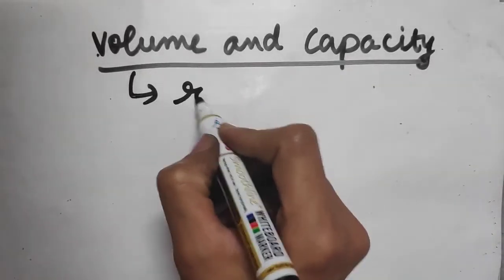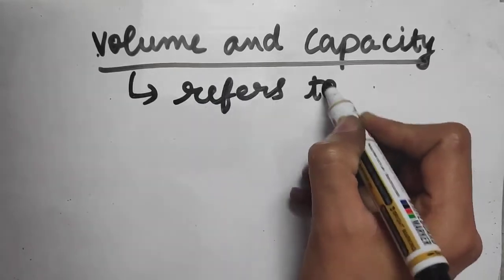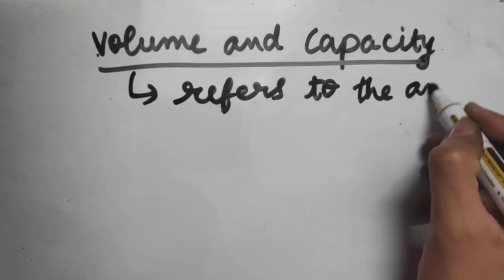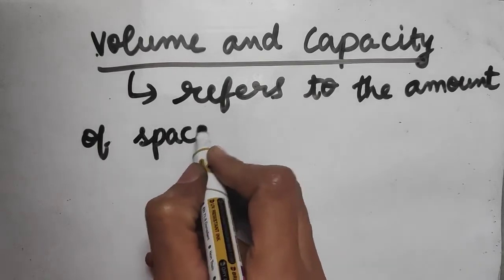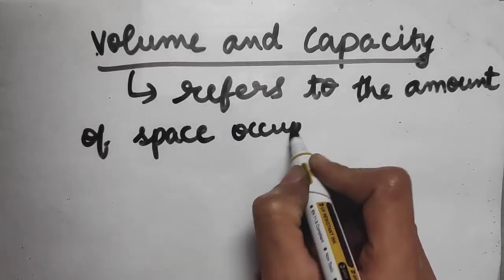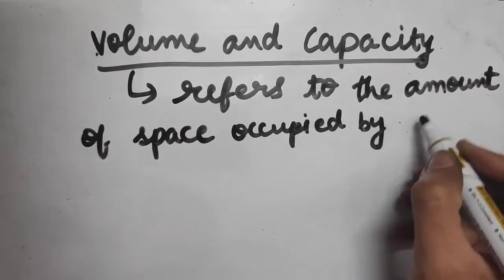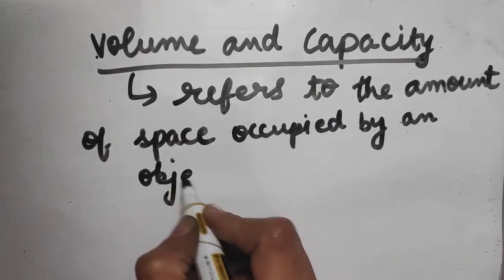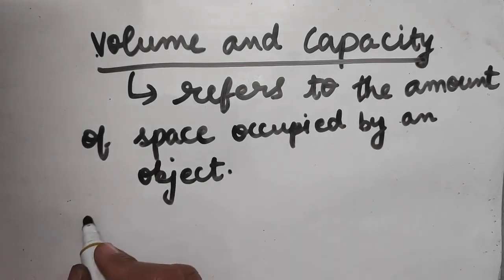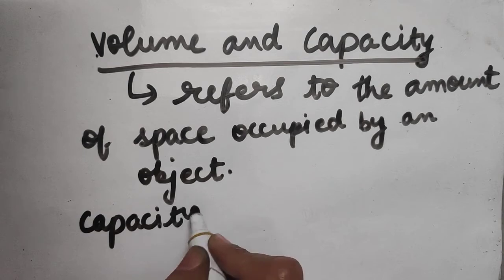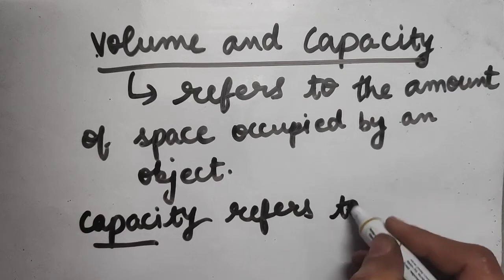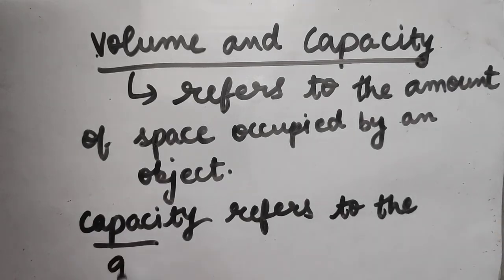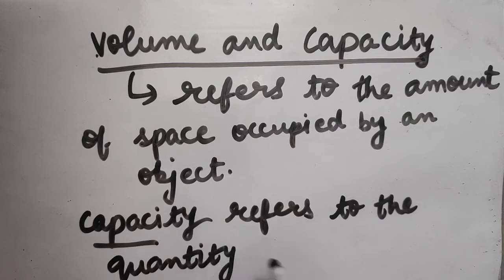Volume refers to the amount of space occupied by an object, and capacity refers to the quantity that a container holds.